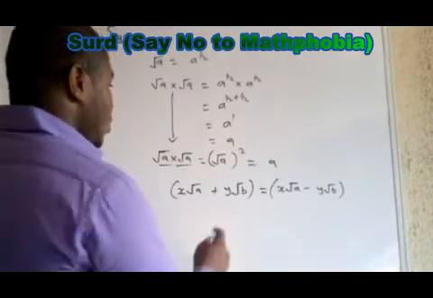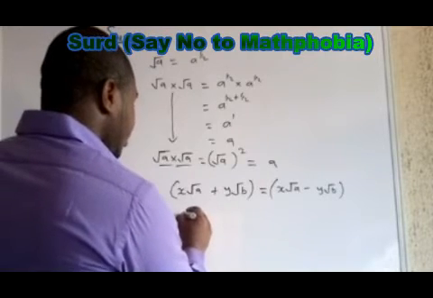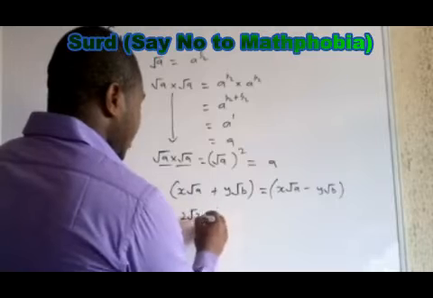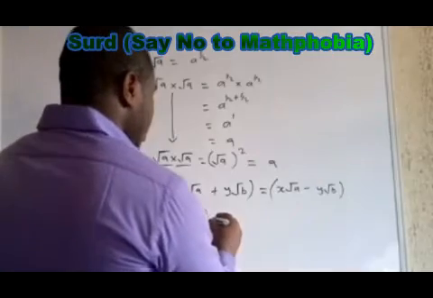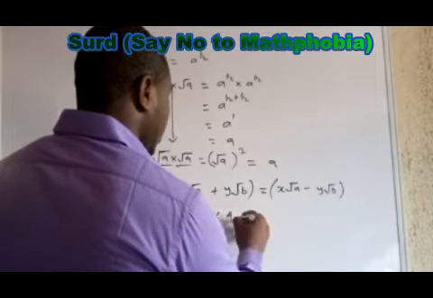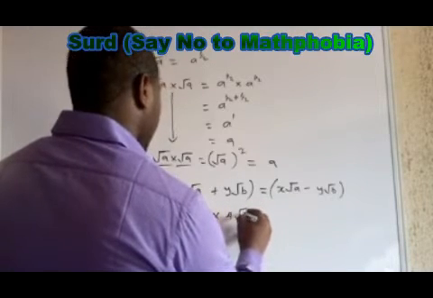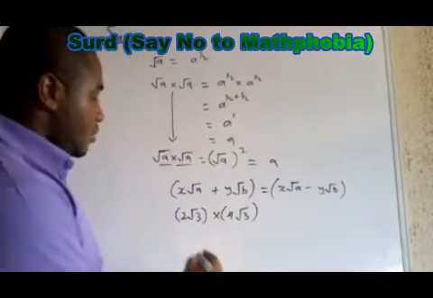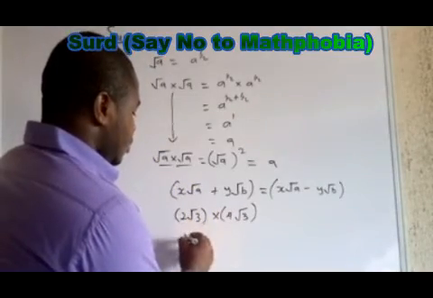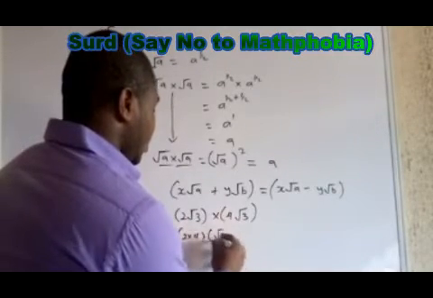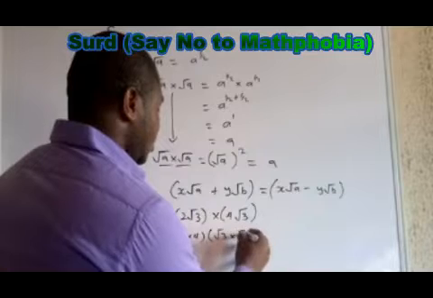For example, you have 2 root 3 multiplying 4 root 3. We have 2 times 4, then we have root 3 times root 3.